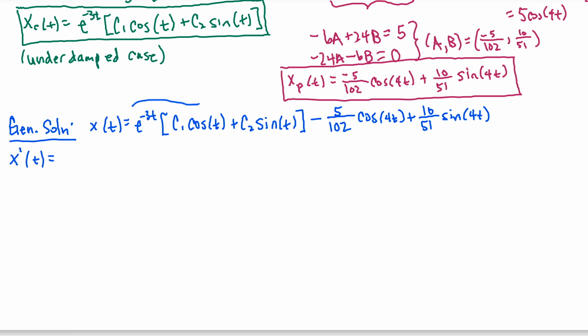So looking at this term, we will have to apply our product rule. I'm going to take the first function, e to the negative 3t, times the derivative of the second. That's negative c sub 1 sine of t plus c sub 2 cosine of t. Now we're going to add the derivative of our first function, negative 3e to the negative 3t, and we'll keep this second part the same.